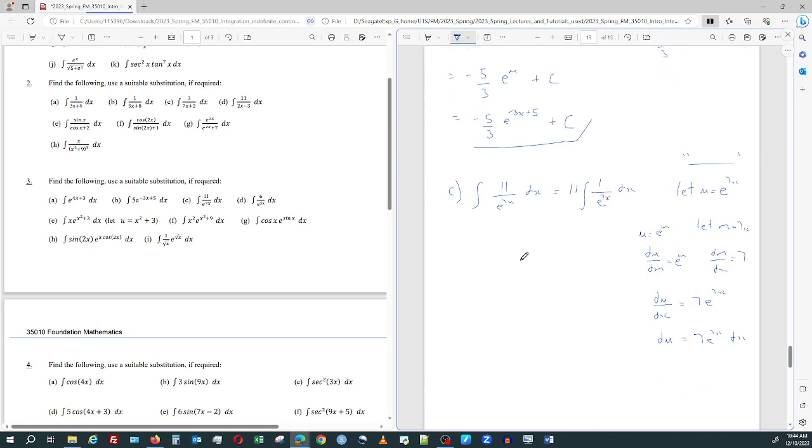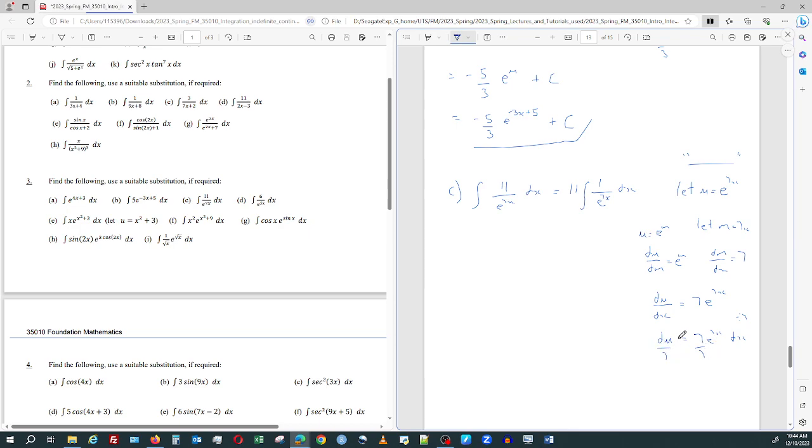Okay, so is that all there? And the answer is not quite, because there's no 7 over here, so we've got to divide by 7 both sides.